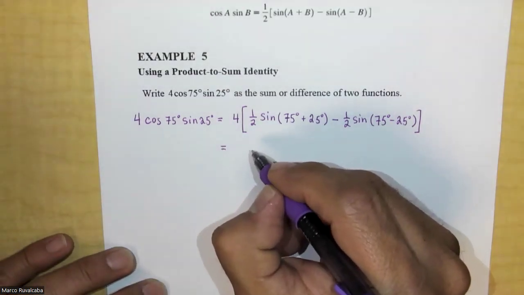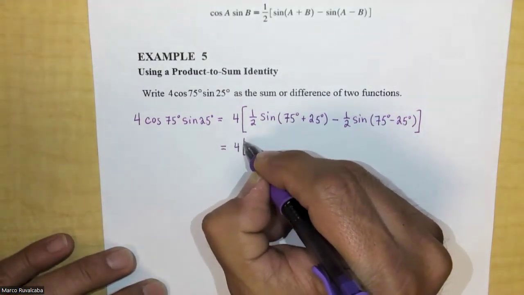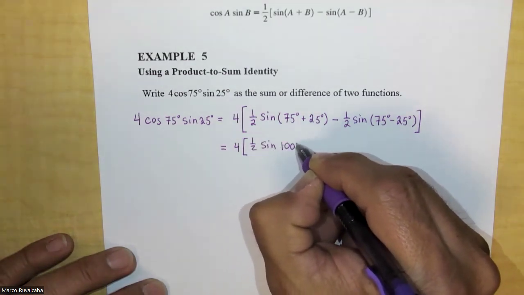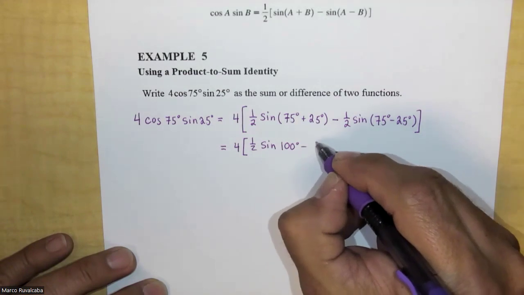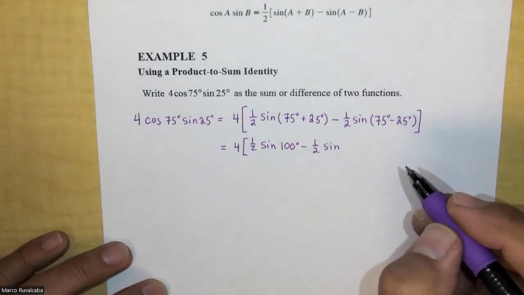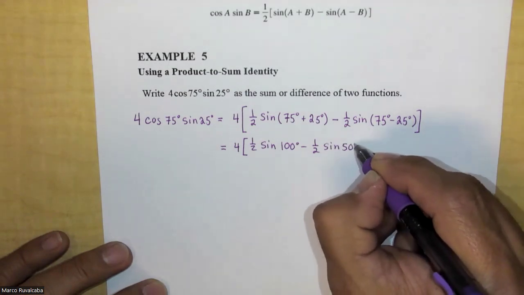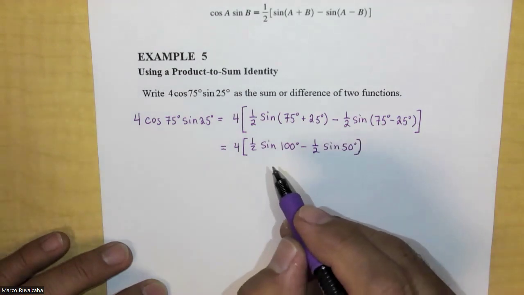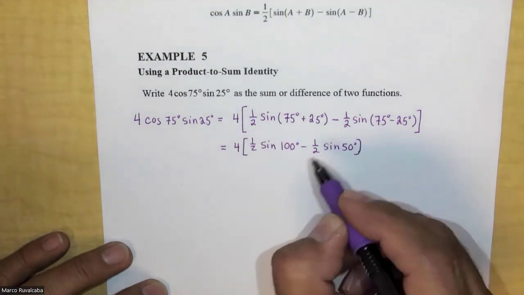And then we just simplify that. That's 4 times 1/2 sine of 100 degrees minus 1/2 sine of 50 degrees. And now we distribute the 4 to both of them.